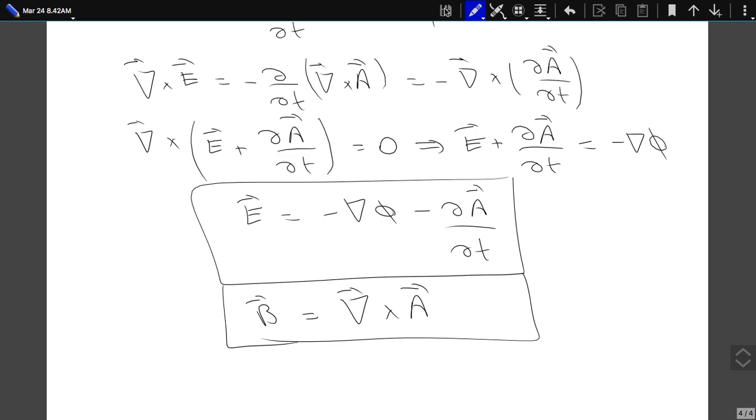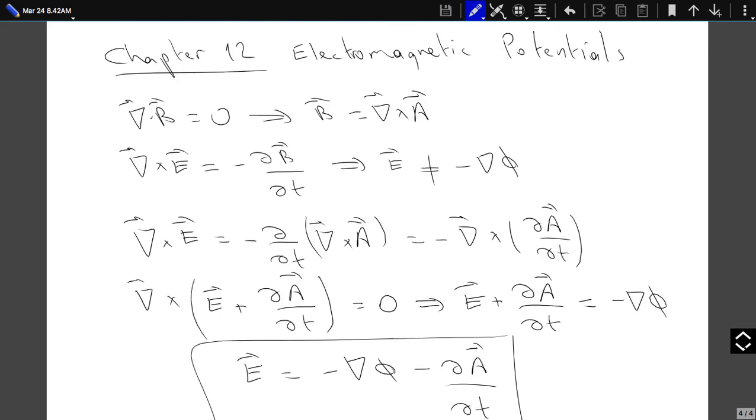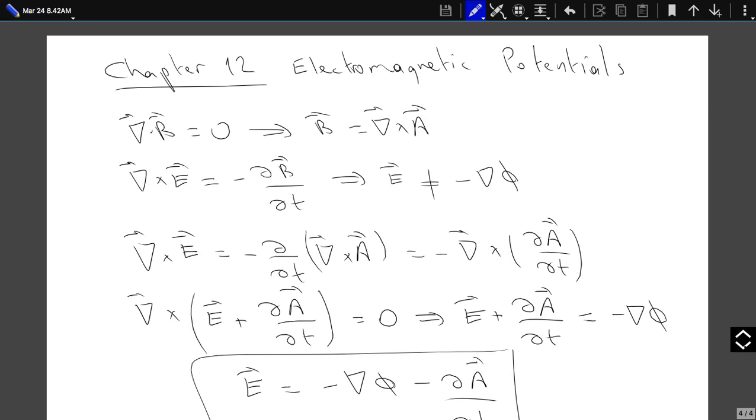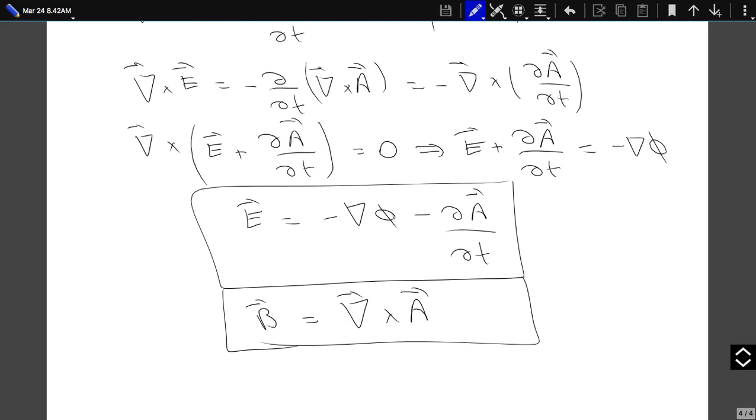First, let's try to find what kind of equations these A and phi fields satisfy. Now let's see, we have four Maxwell's equations. One is that the divergence of B should be zero. The other one is that the curl of E should be equal to minus del B by del t. These two equations we have already solved.